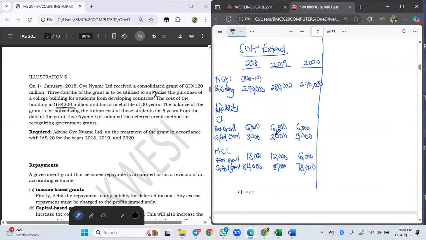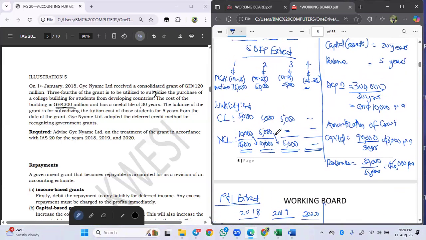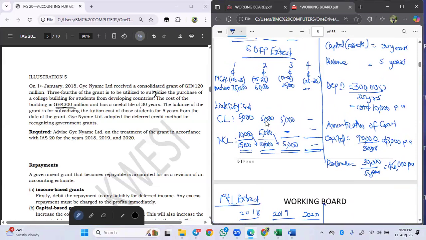So if, in this particular example, you go to year 2, we said that you shouldn't make any redundancies. Now, at the end of year 2, there was a redundancy. You fail the conditions, so you have to repay the amount. You have to check the deferred income you have in total. So here, as at year 2, the total amount is 10,000. That's what you have in your deferred income, both current and non-current, 10,000. So the repayment, first, you have to go to the deferred income and offset it.